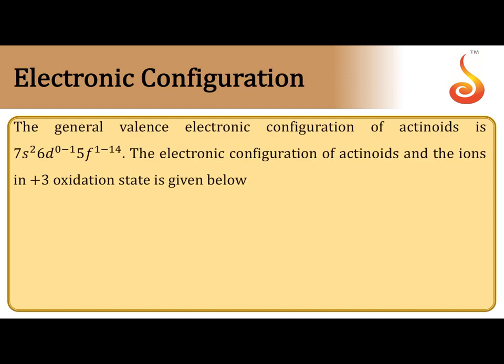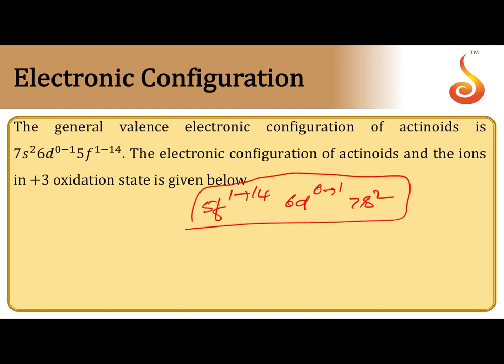The electronic configuration of actinoids is also the same: 5f 1 to 14, 6d 0 to 1, 7s2. Since the differentiating electron enters into the 5f subshell, these are also called the 5f series. The common oxidation state is +3.